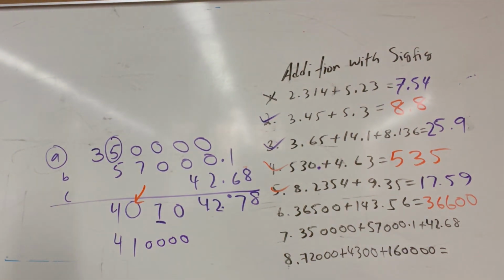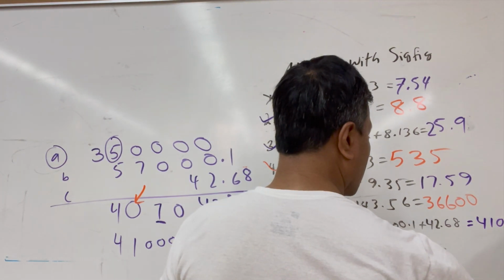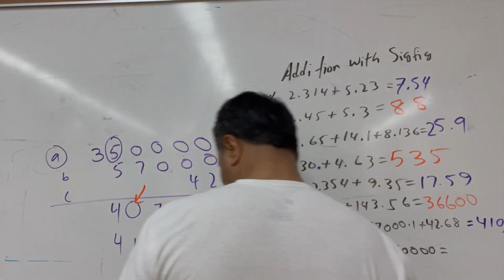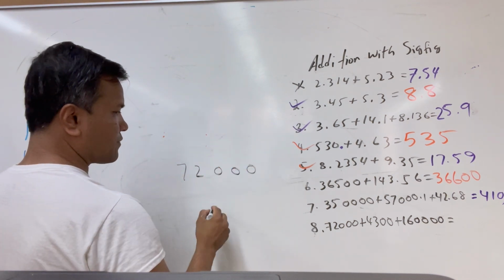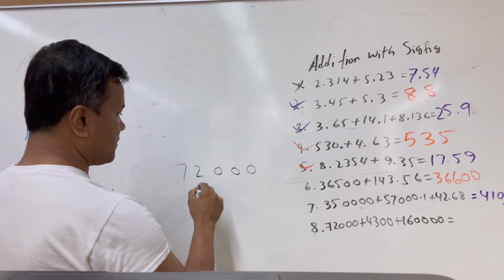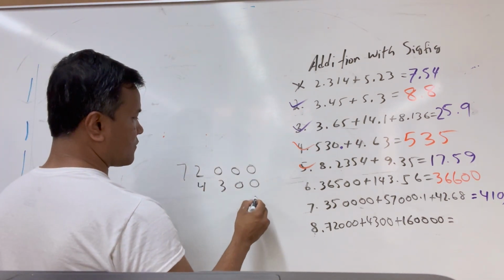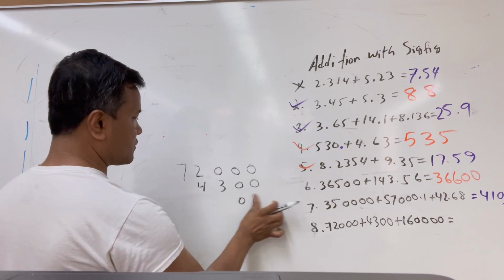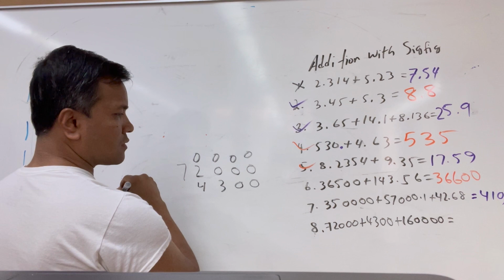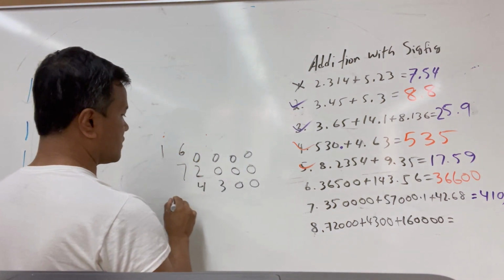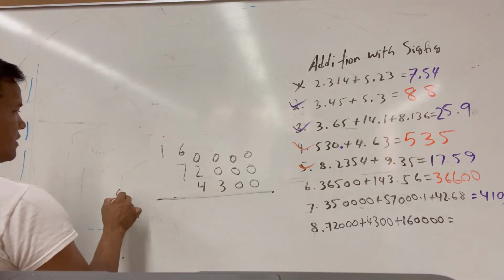So 4 1, 410,000. Okay, 2 1 2 3, then 4 3, and then 1 2. So then 1 2 3 4 6 1.